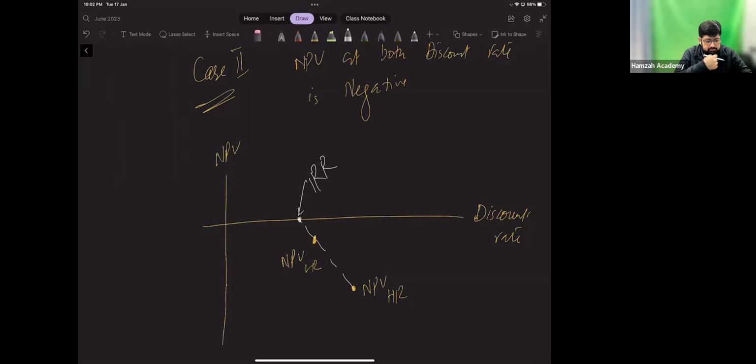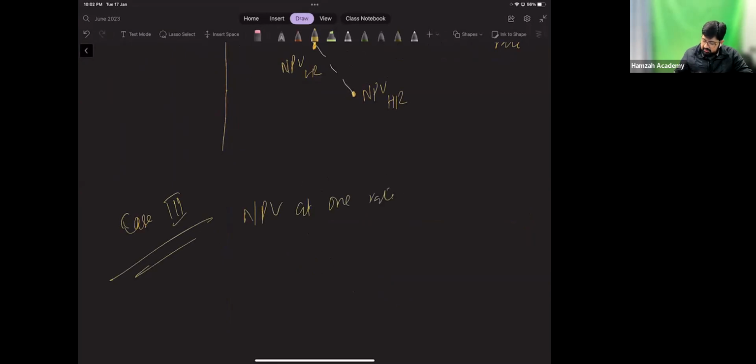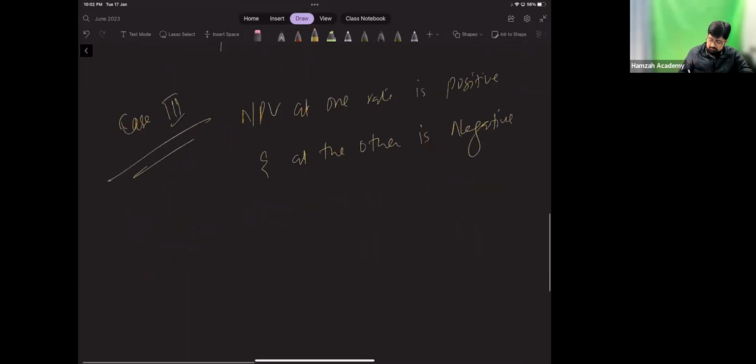Now, case 3. NPV at one rate is positive and the other is negative. You see here, this is the interesting development.